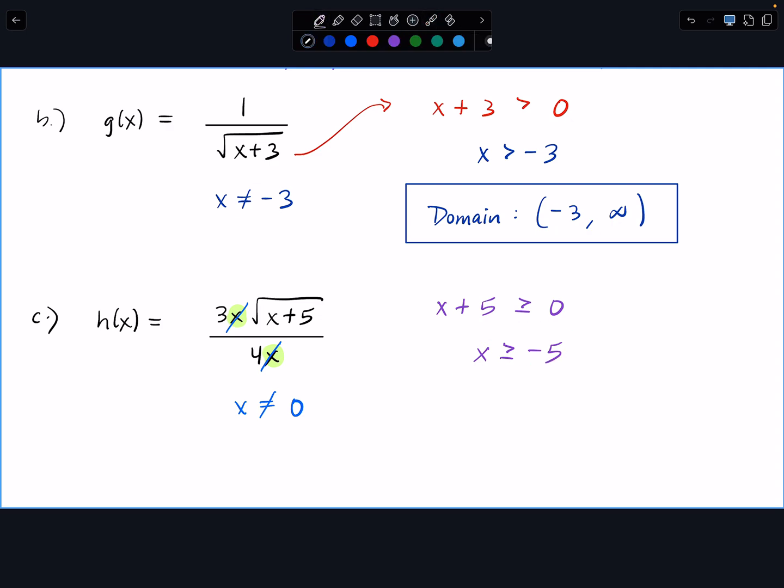So the domain will be bracket negative 5 to 0. Do I use a bracket or parentheses for 0? Parentheses, good. And then what? Union. Does Mr. Vigil say we could write it like that? No. Union, what? Good. Okay. I'm going to pause here.